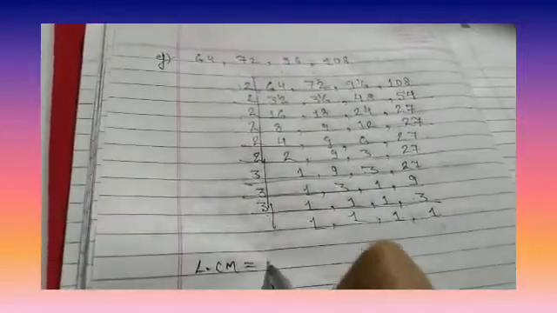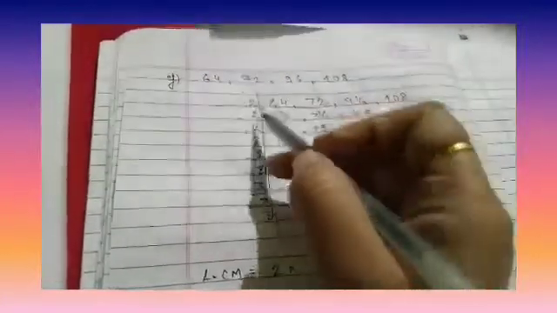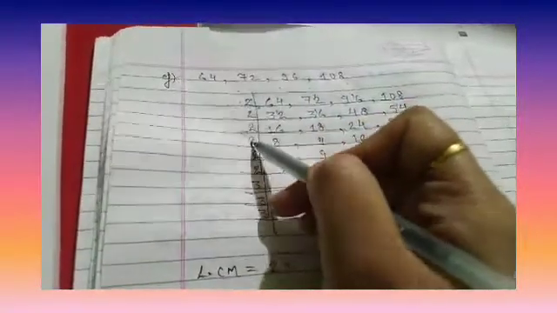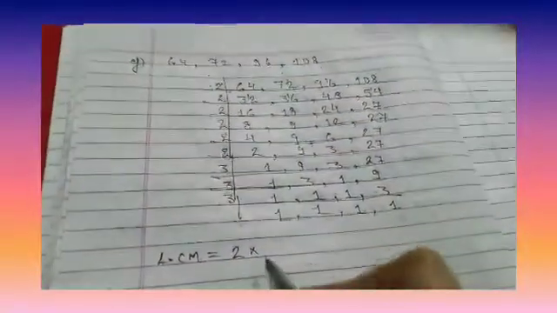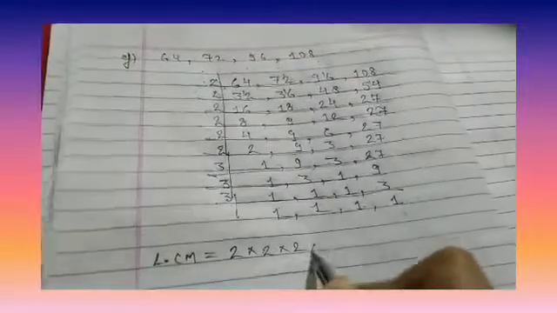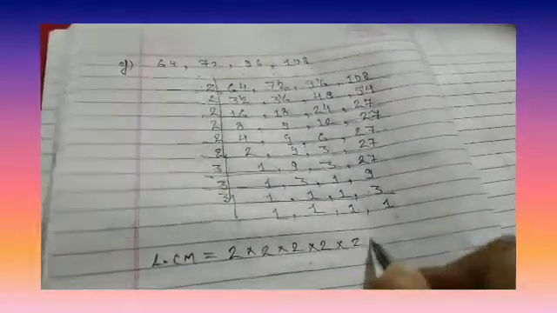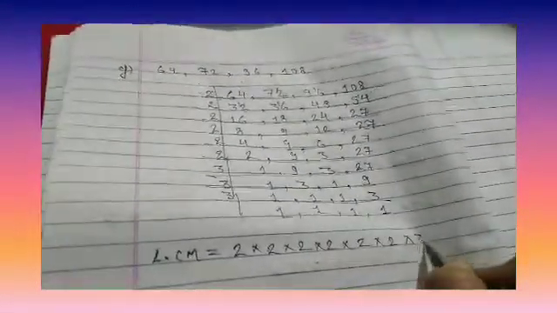Now look, LCM is 2 into how many times? 1 2 3 4 5 6, 2 six times, into 3 three times.